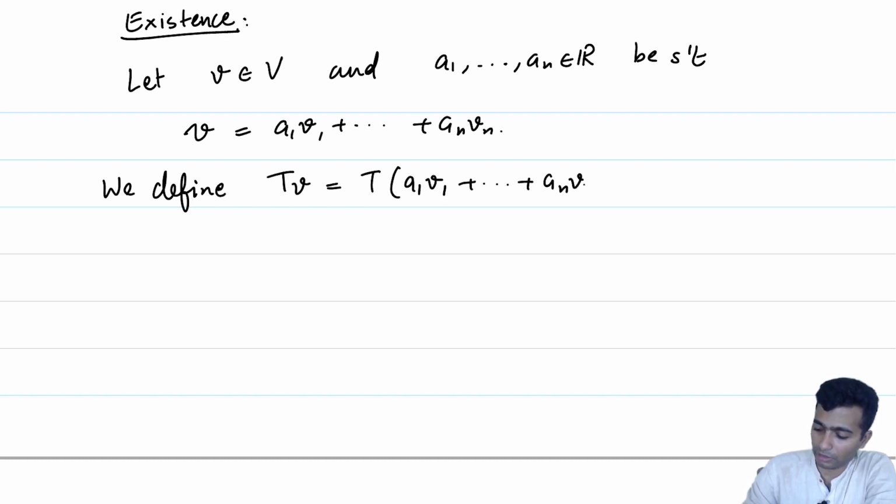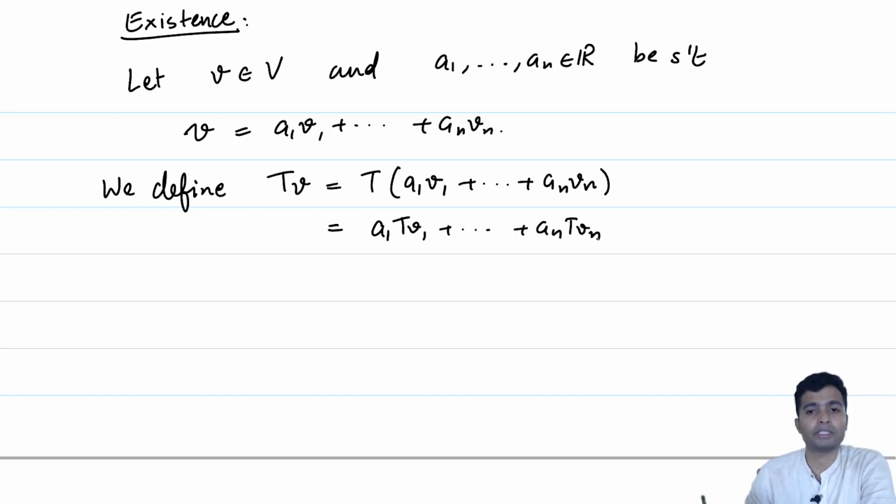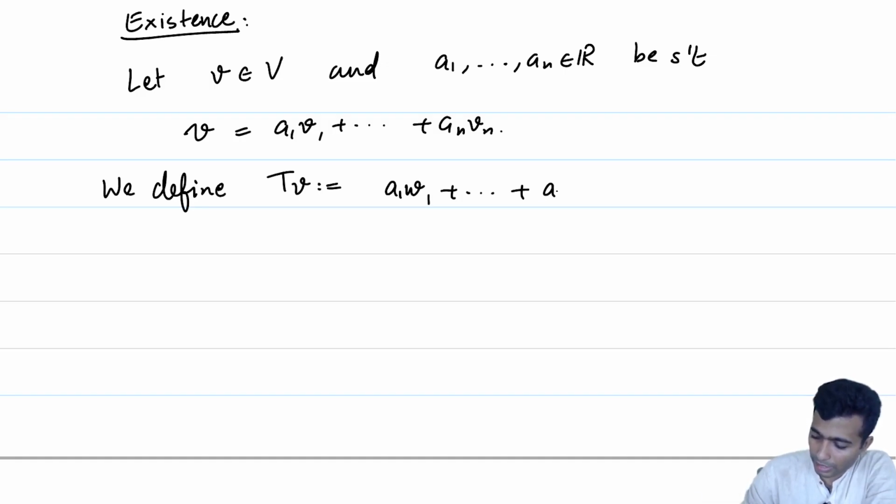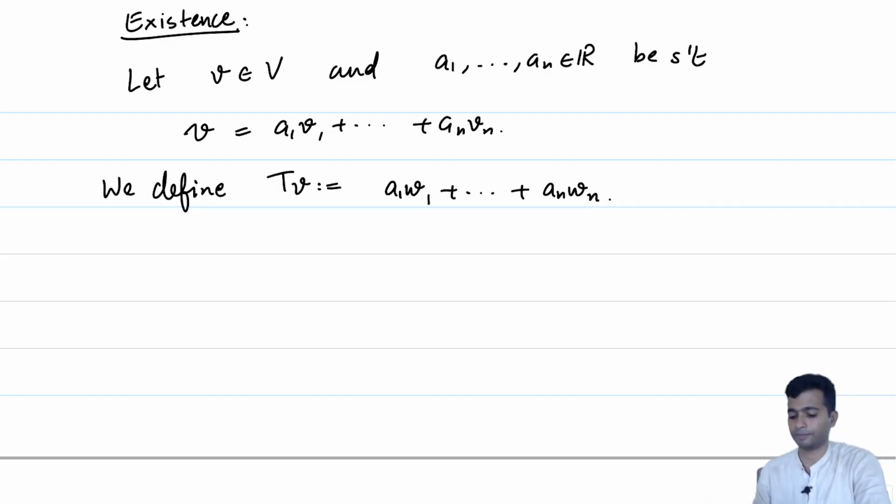And we know that linearity forces it to be A1 T V1 plus An T Vn, and we know that Vj is being sent to Wj. So let me rub all these things and write down directly what our definition should be. Our definition should hence be A1 W1 plus up to An Wn.